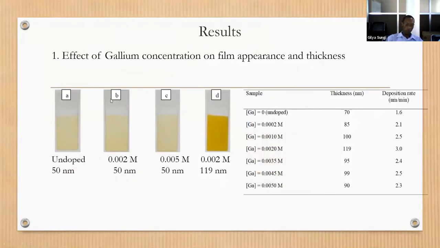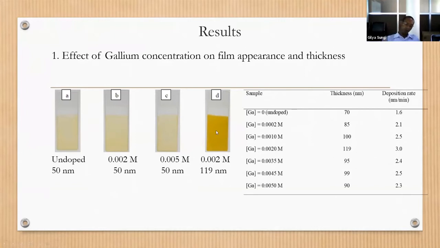And the findings were, we first wanted to see if gallium can affect the appearance. We found that the appearance of the cadmium sulfide is not affected by the gallium dopant, because when we varied the gallium concentration with the same thickness of gallium-doped cadmium sulfide, the appearance of the sample remained the same.